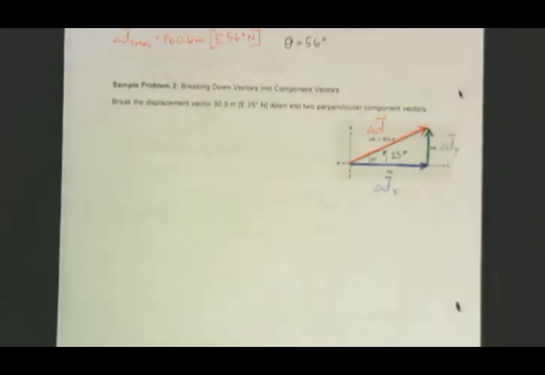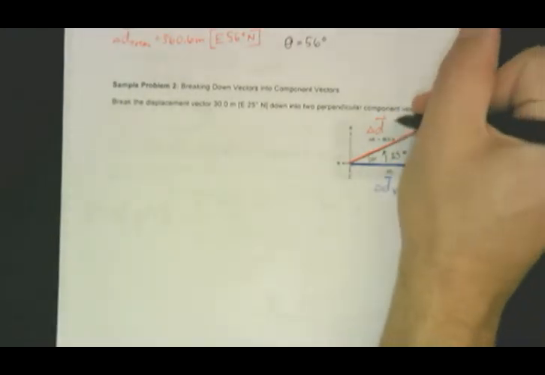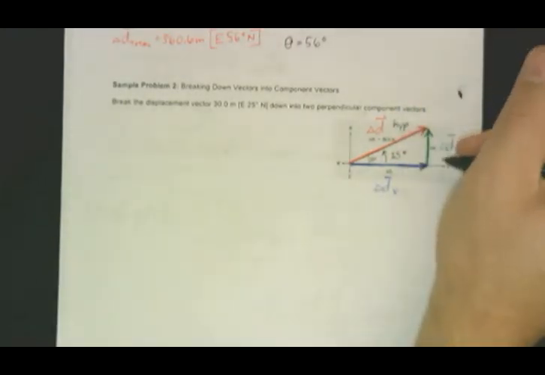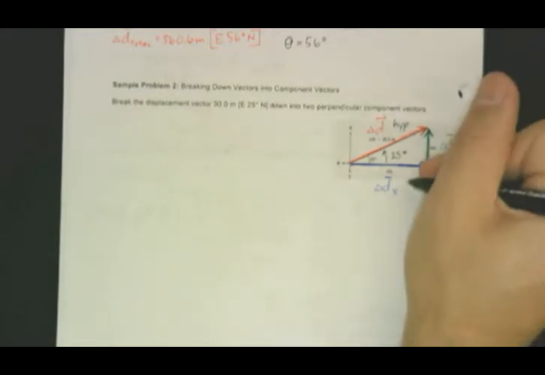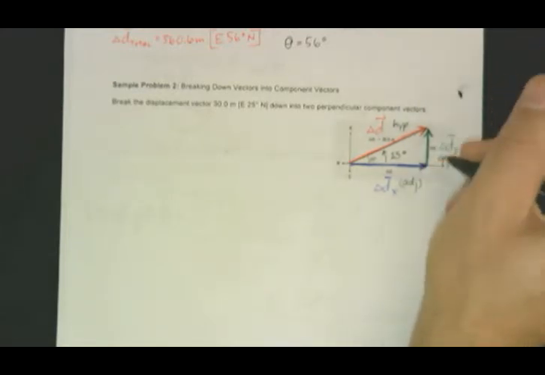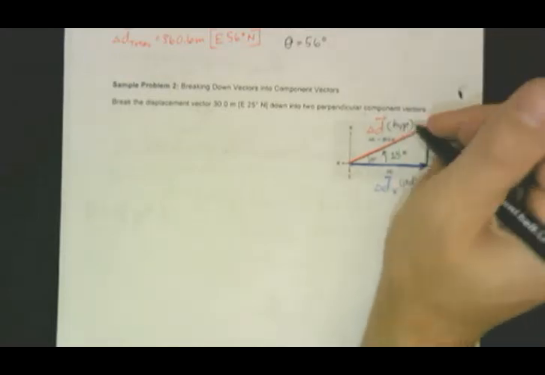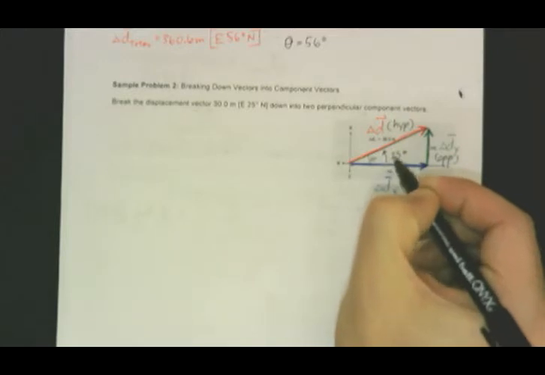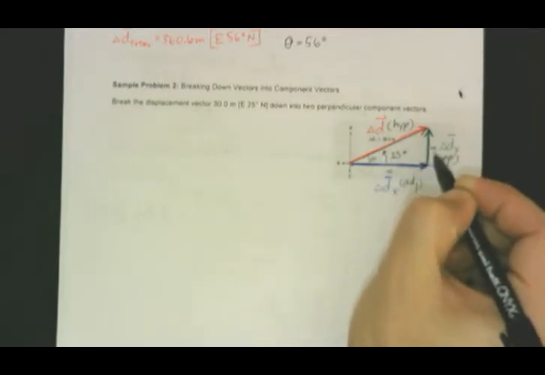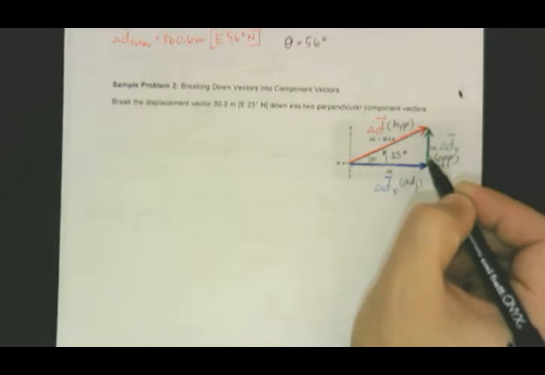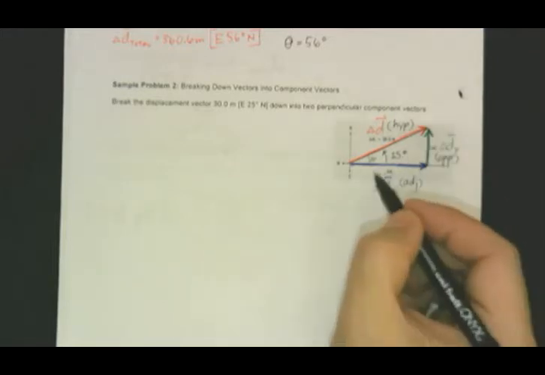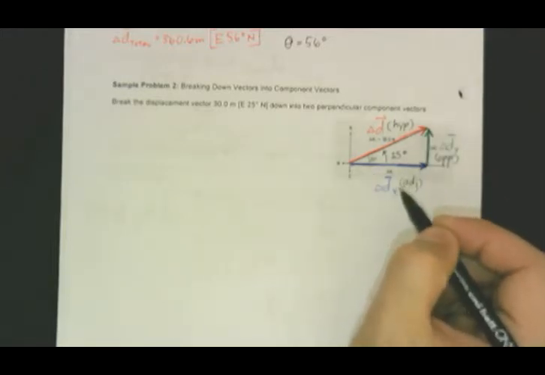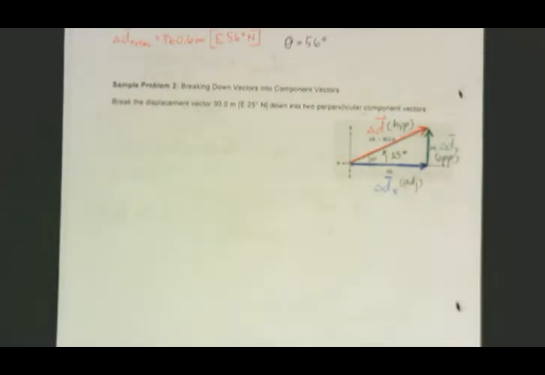In order to do that, we're going to label these hypotenuse, opposite, and adjacent. How do I know which is which? The longest side is the hypotenuse. If we find the angle, the side that is directly opposite the angle is called the opposite, and the one that is right attached to the angle is called the adjacent. The term adjacent means beside.